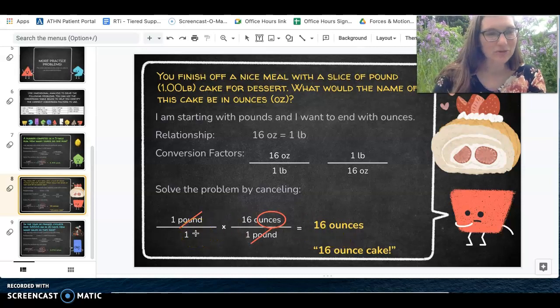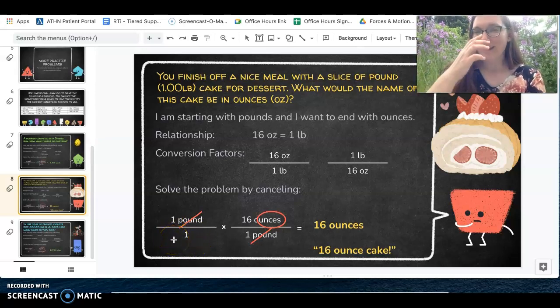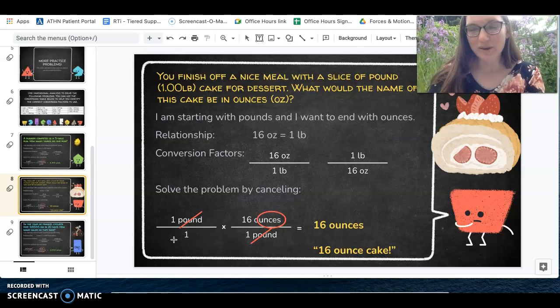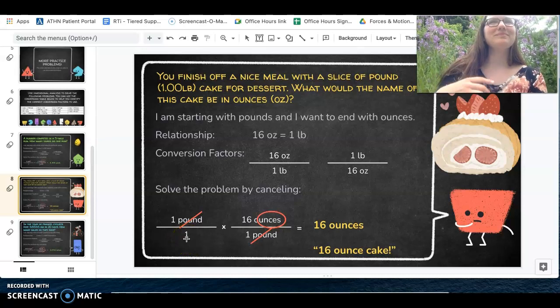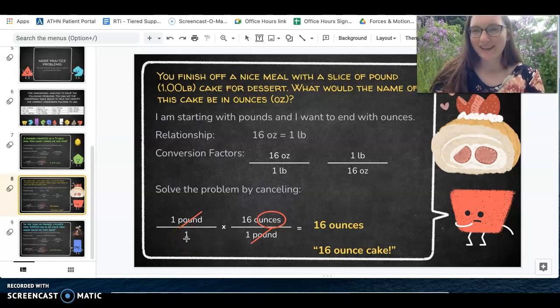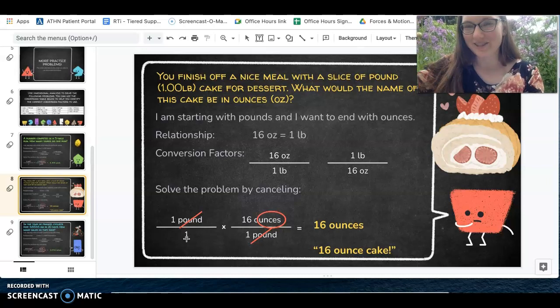I don't remember if I said this yet, but it's really important to have that 1 underneath your very first thing. Unless you're converting 2 units at the same time, then you would just have those 2 there. But if you're converting just 1 unit, put it over 1, because that doesn't change its value at all. It's just like Mrs. Allen divided by 1 means there's just 1 of me, right?